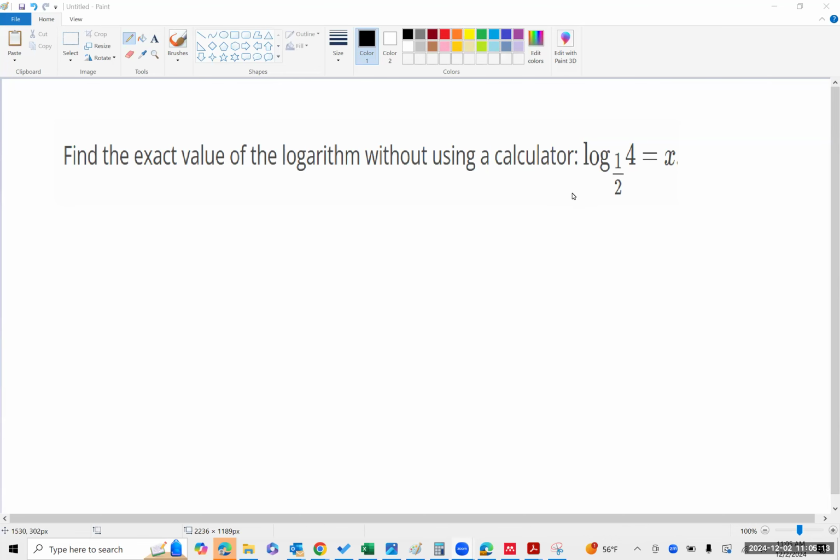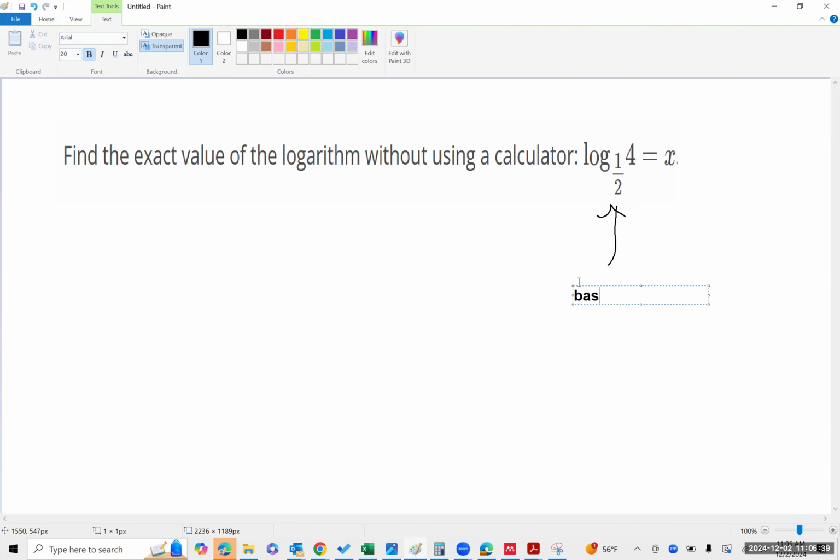Okay, so we've been given a logarithm and we need to solve for x. So what I want us to do is to first remember that this here is the base.